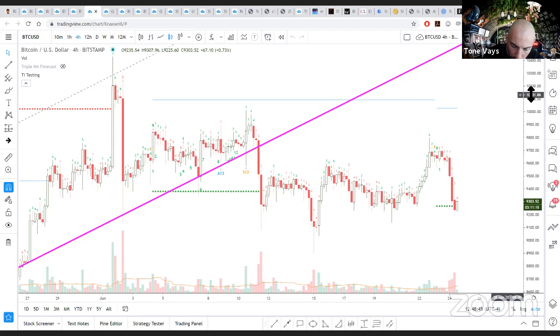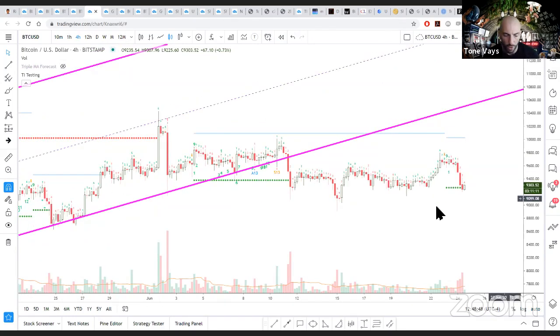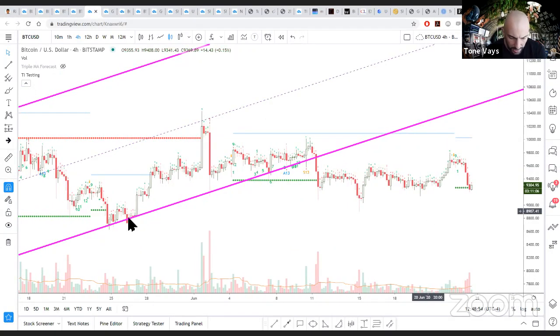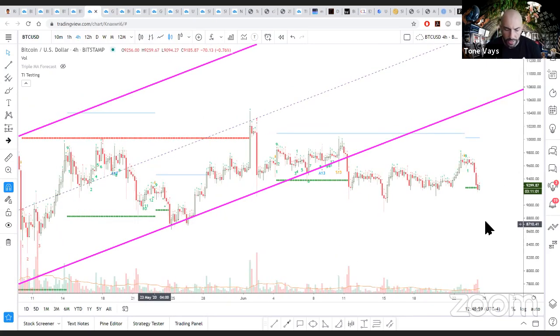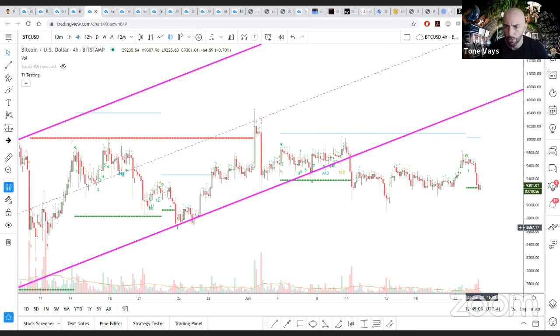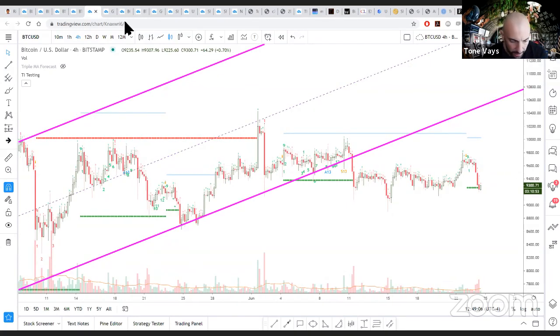We have clearly broken below this channel. I cannot fudge this channel anymore. And this consolidation is looking troublesome if we break these lows. These lows are at the $9,000 area. The break of the $9,000 area can certainly drop Bitcoin quite a bit towards that $7,000 area.